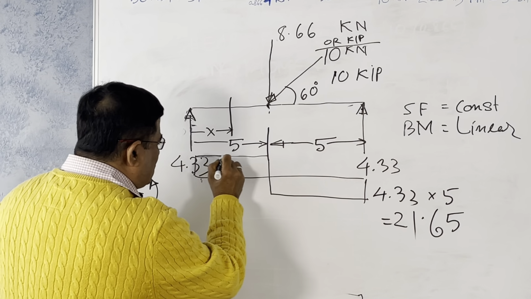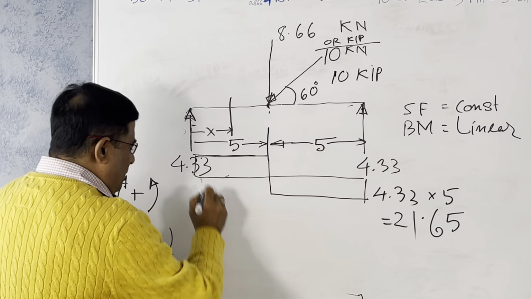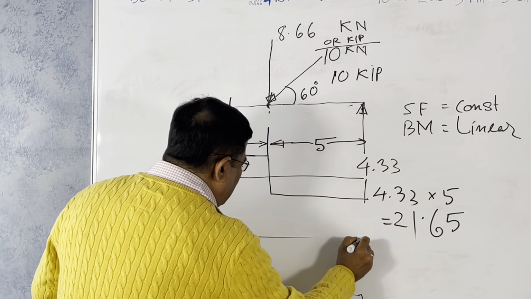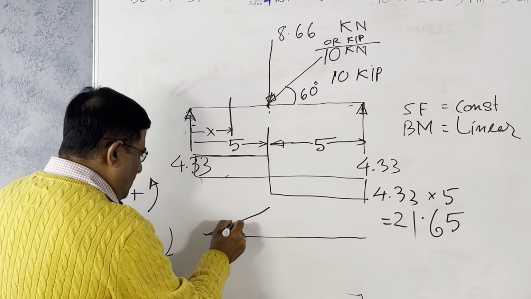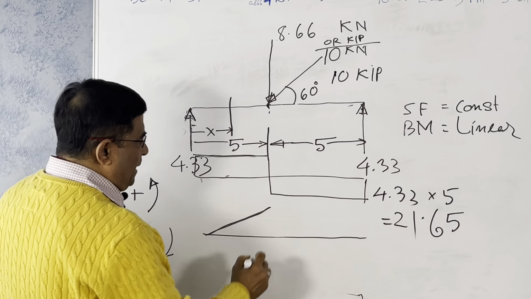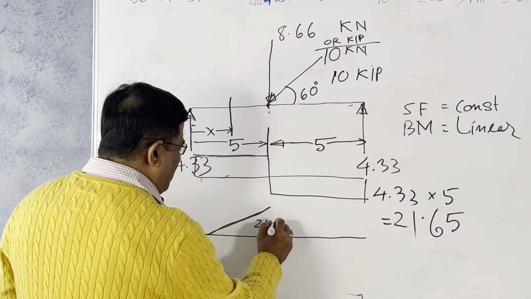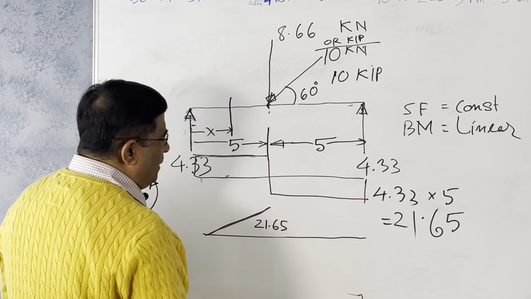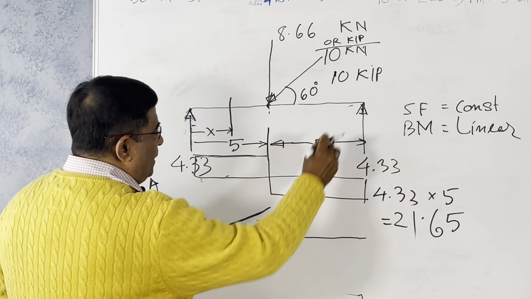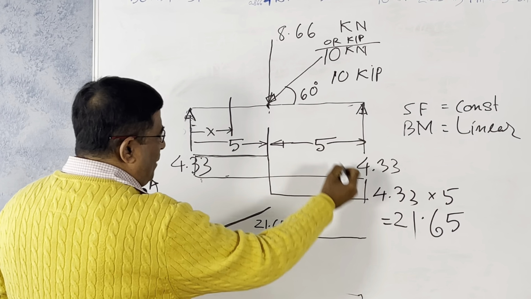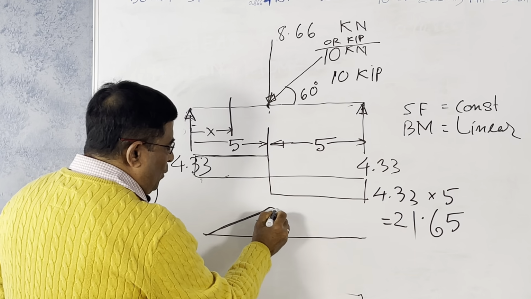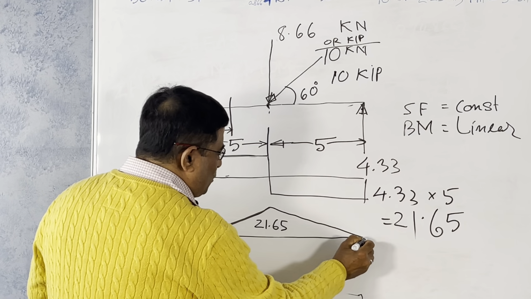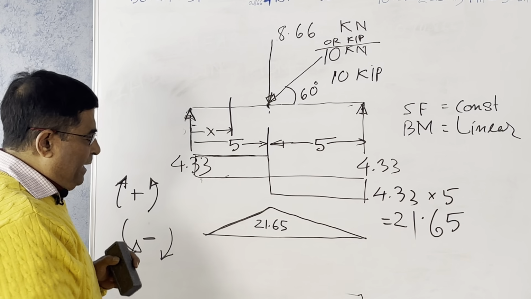So shear force is constant from here to here. So your bending moment is linear. And the value is 21.65. Then from here also if you multiply by 5, it is the same value you will get. So if you join this one, this is your bending moment diagram.